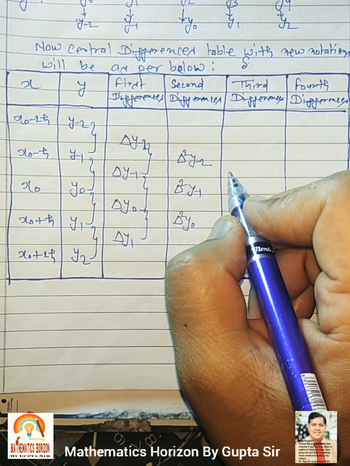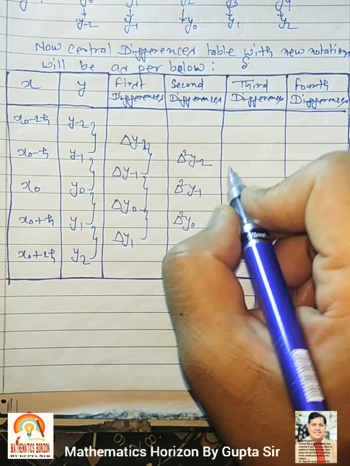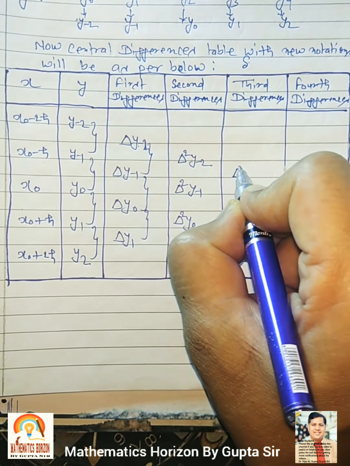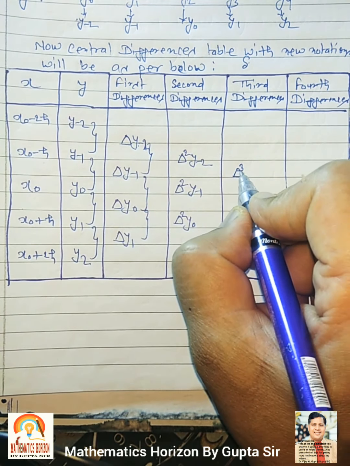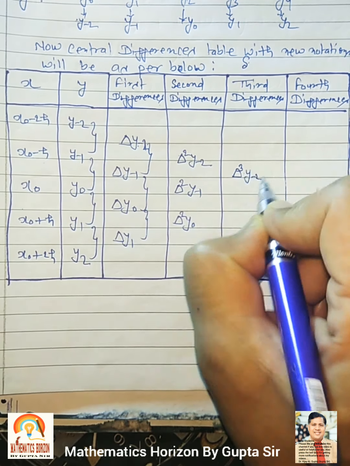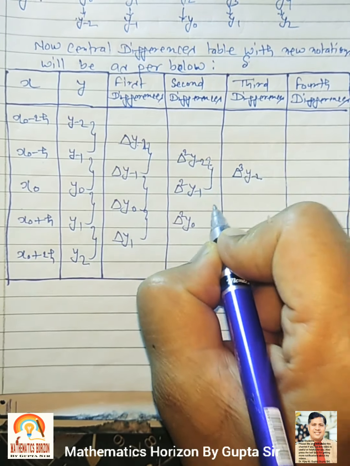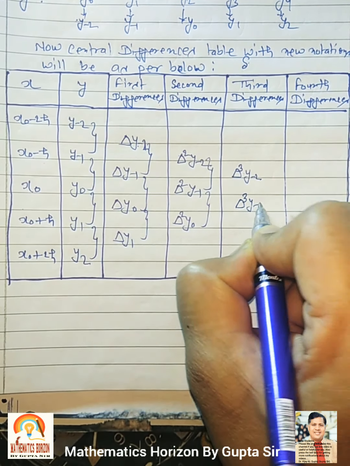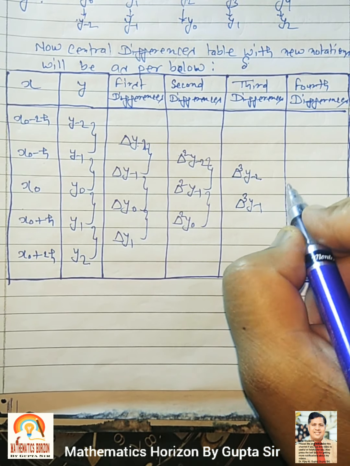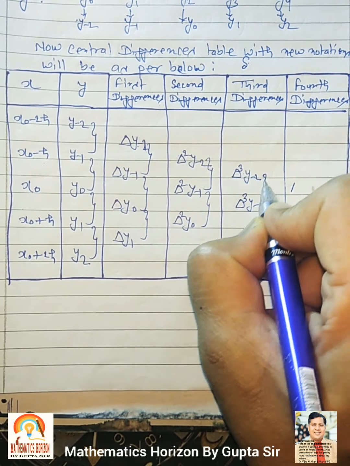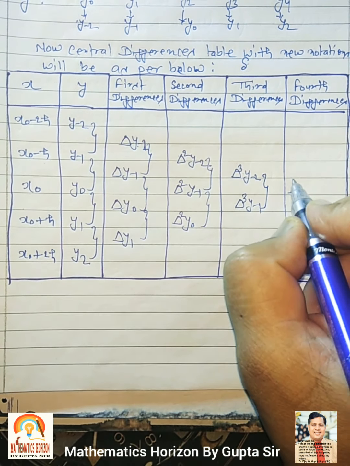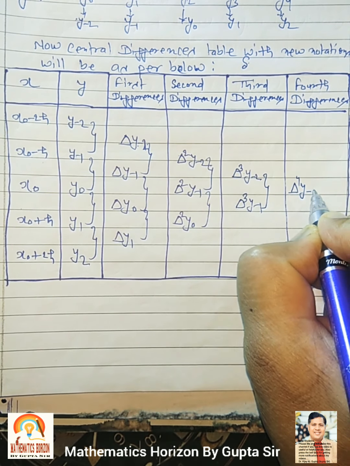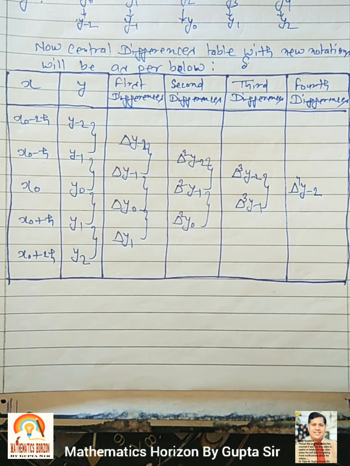Now we calculate central differences of third order: del cube y minus 1/2 and del cube y 1/2, and the fourth order difference, del 4 y0.